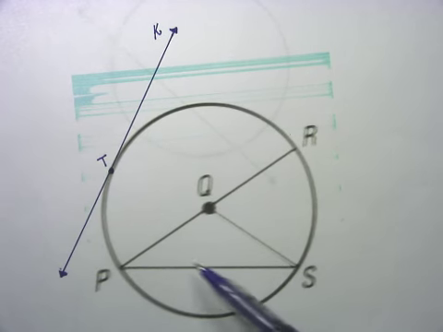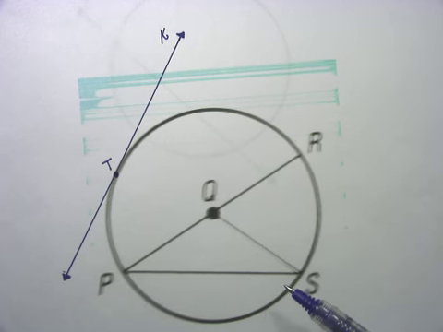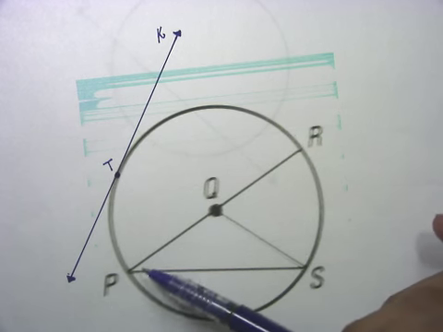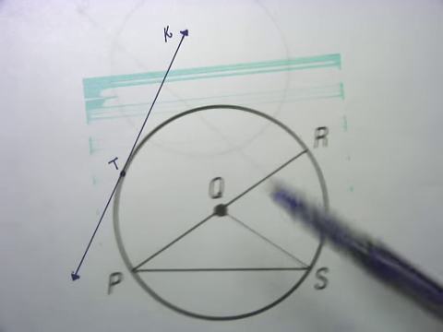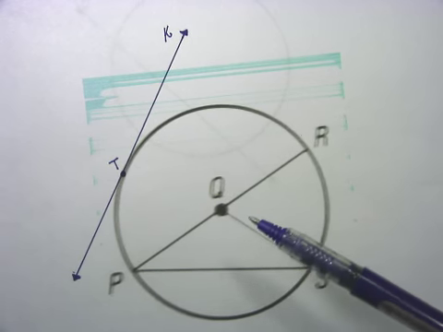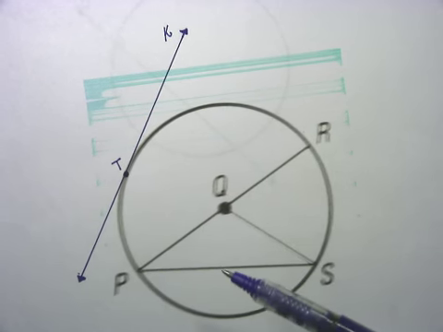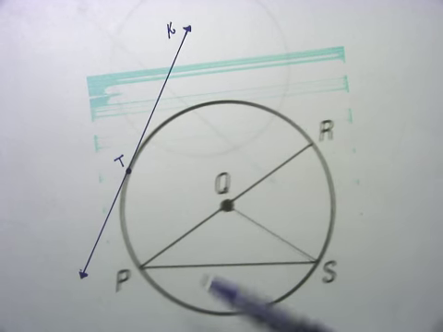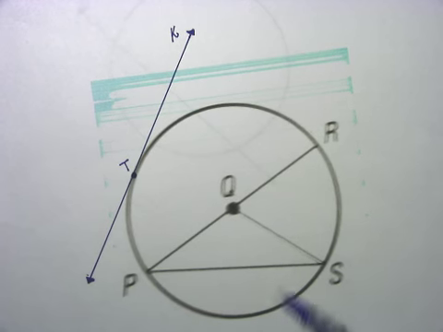So here, my segment PS is touching my circumference at point P and point S. If the definition of a chord is a segment that touches the circumference at 2 points, then diameter PR is also a chord. And in fact, when we talked about this before, we said that diameters are special kinds of chords. They're just a chord that goes through the center of a circle.